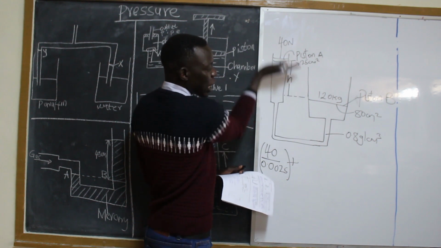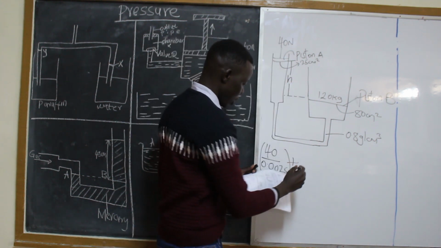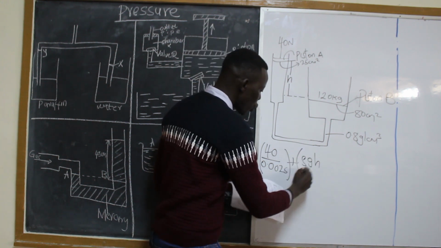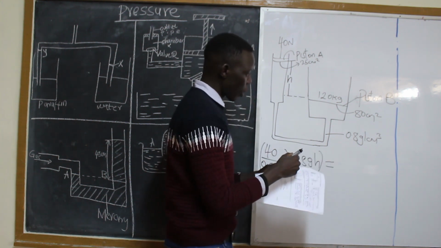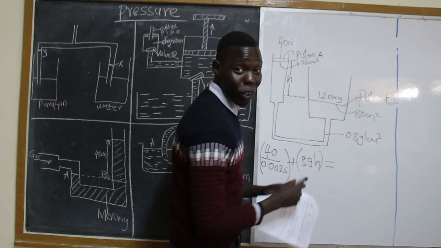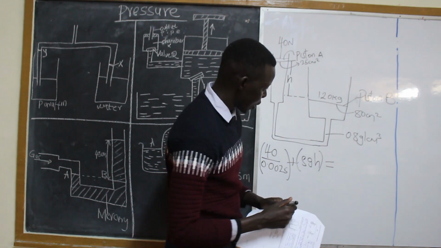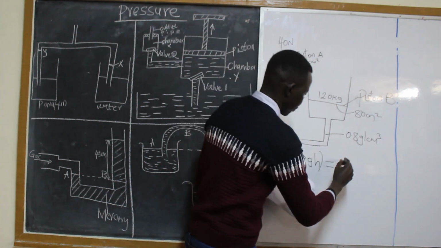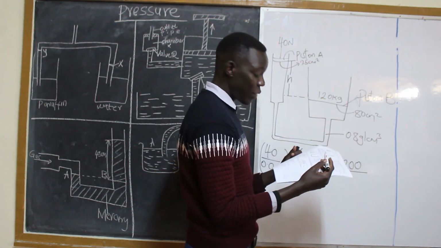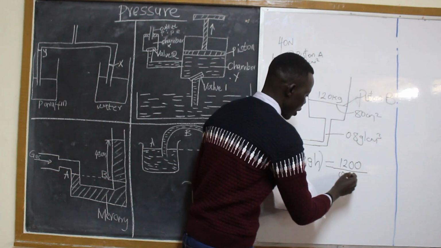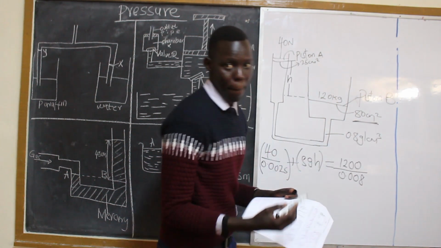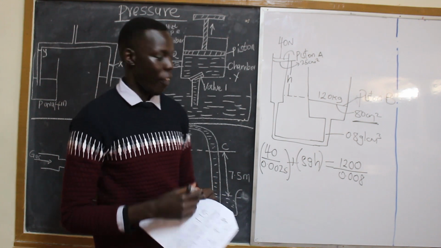They are not of the same levels. Now, those two should be equal to force over area of piston B, which is 120 kilograms. Make it newtons: it gives us 1200 over 0.008 meters squared, because we are converting to the SI unit.